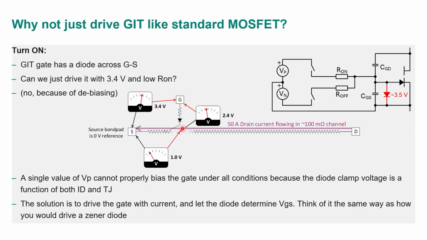So I'm either going to be over-voltaging or under-voltaging, and there's no single value of gate voltage I can select that will properly bias this under all conditions. So the answer is drive it with a current. The diode sets the voltage. It is what it is. Just let it be there.